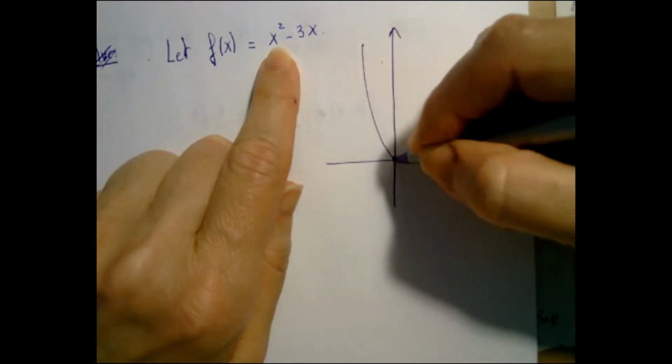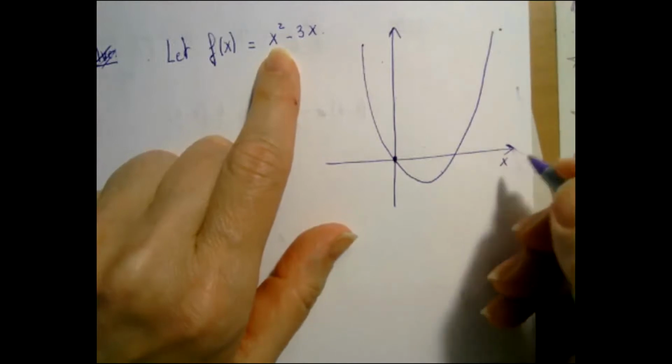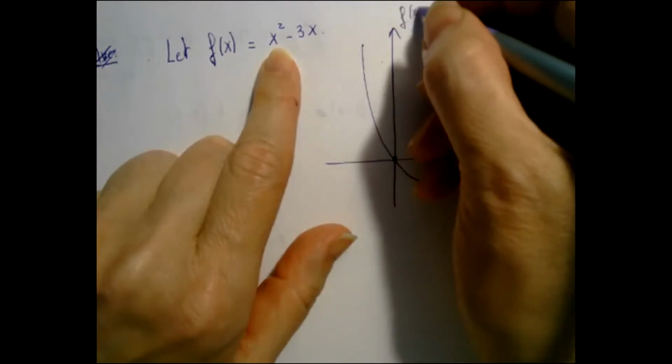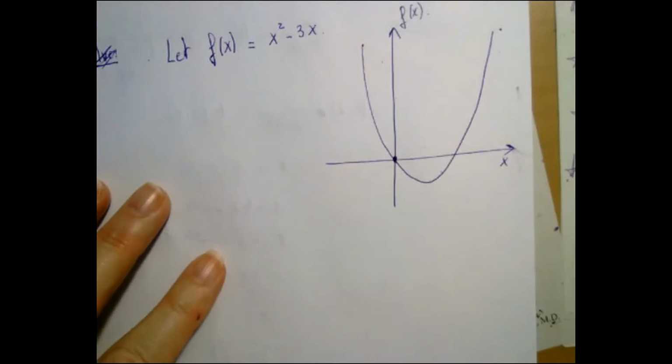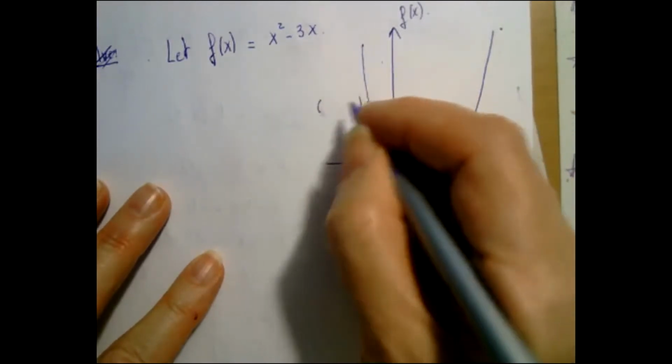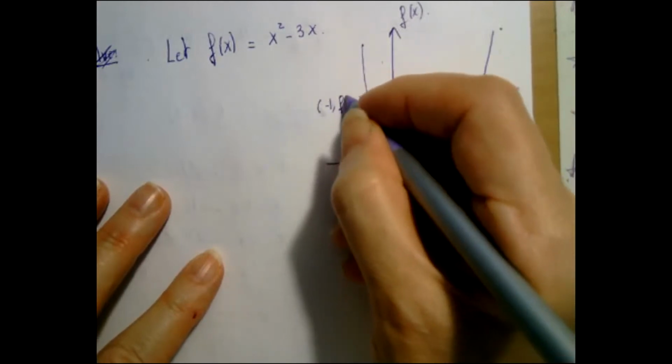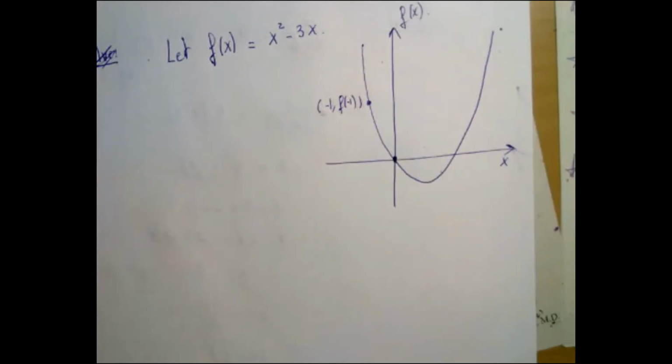That's a parabola. So that's the graph of f. What does the graph mean? Any point here, whatever the input is, this point is f at this input. A very particular point.